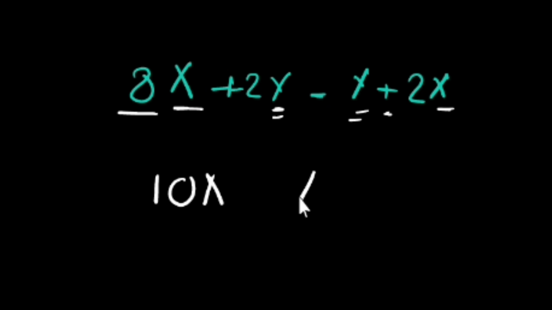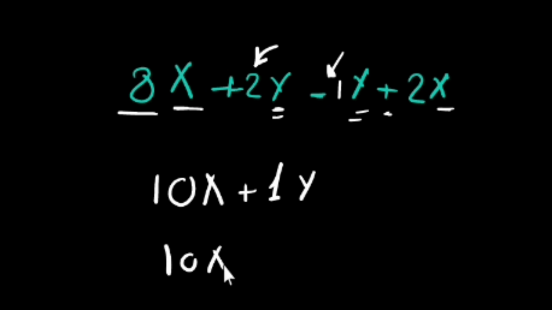They are the same. I will take the y and look at the coefficients. I have 2, and I have here negative 1. The coefficient of y is negative 1. So 2 minus 1 is 1. So 10x plus y. This is the answer. That's it.